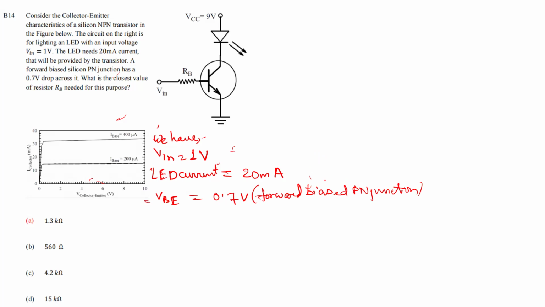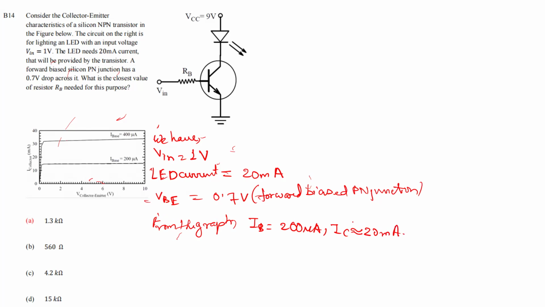So from the graph, we see that IB equal to 200 microampere and IC is almost equal to 20 milliampere.